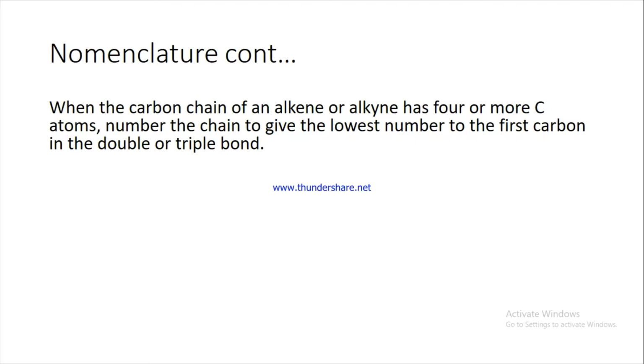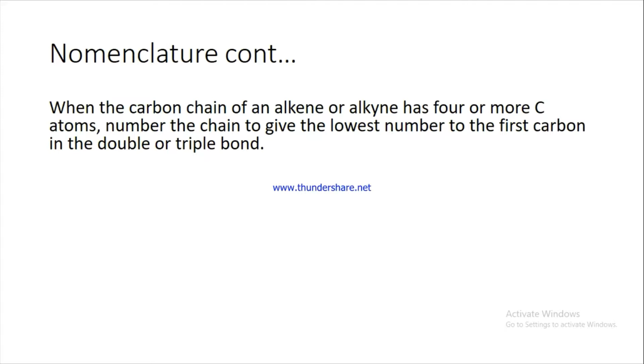So as we were doing before, we first identify the longest carbon chain, which remains the first step. And then when the carbon chain of an alkene or alkyne is 4 or more carbon atoms, number the chain to give the lowest number to the first carbon in the double or triple bond.